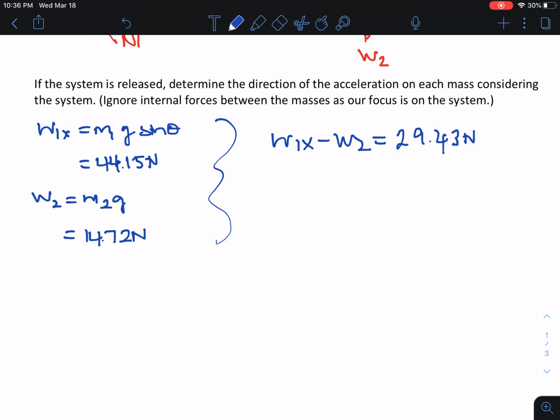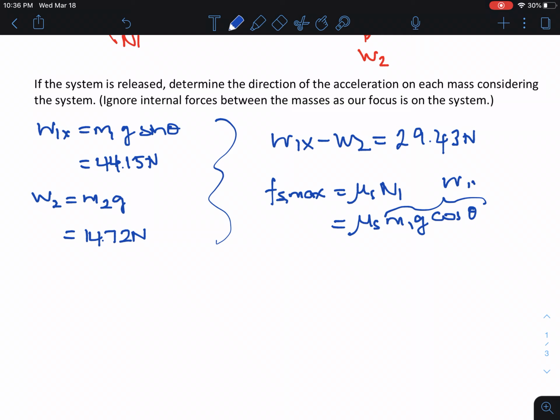Just to check with my maximum static friction, okay? Just like before. So what is maximum static friction? Fs max is mu s N1. And just like before, we find out that N1 is M1 g cosine theta, because M1 g cosine theta is W1Y, right?